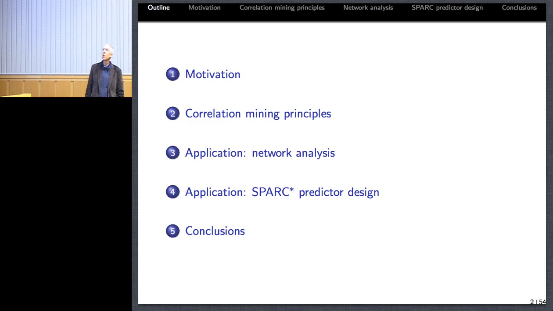So I'm going to give some motivation and go through principles, basically the mathematical principles underlying correlation mining that leads to tools. Tools that can be used to describe whether you have a sufficient amount of data to make a statistically and perhaps biologically significant finding on correlation.